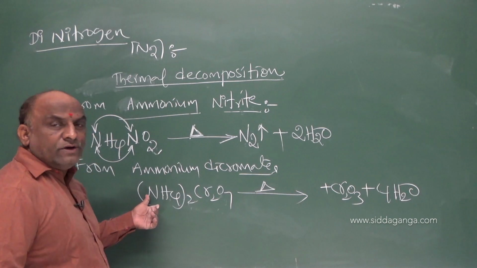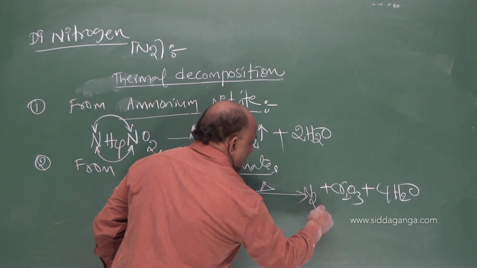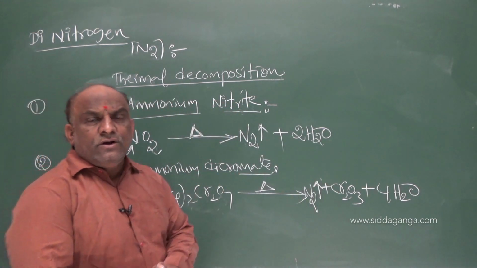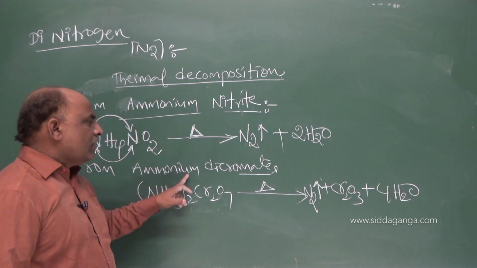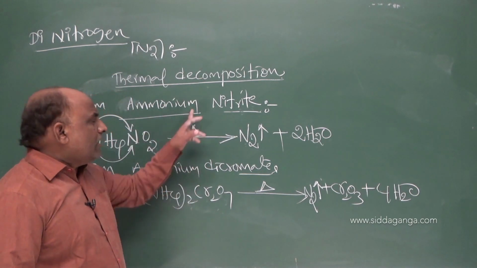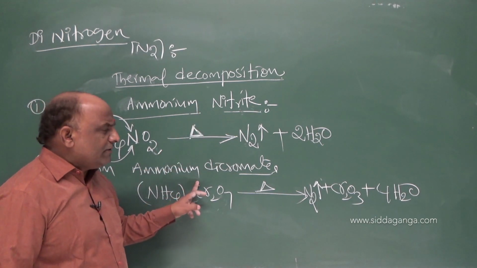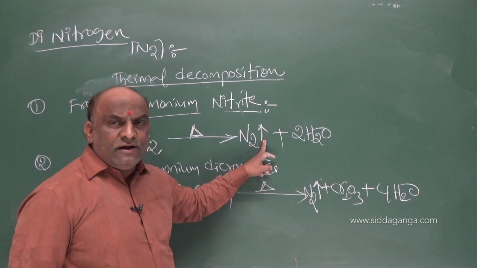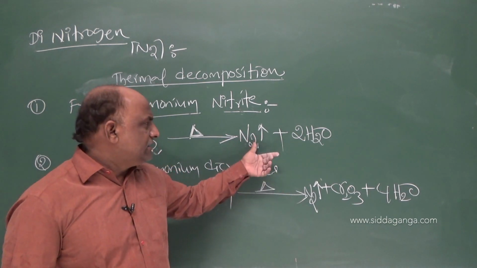And the last compound, how many nitrogens? 2 nitrogen atoms, so it is N2 gas. Remember, this is also a very important equation. Thermal decomposition of ammonium nitrite and of ammonium dichromate gives dinitrogen gas, which is a non-toxic, odorless, colorless, tasteless gas.